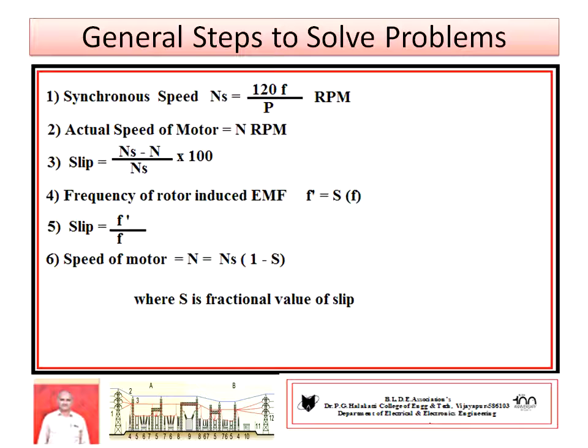So if the rotor induced EMF frequency is available and supply frequency is available, then it is possible to calculate slip equal to F dash by F. After knowing the slip from the above two expressions, it is also possible to calculate the speed of motor or rotor speed, N equal to Ns into 1 minus S. Ns is the synchronous speed of rotating magnetic field, and S is the fractional value of slip, that means less than 1.